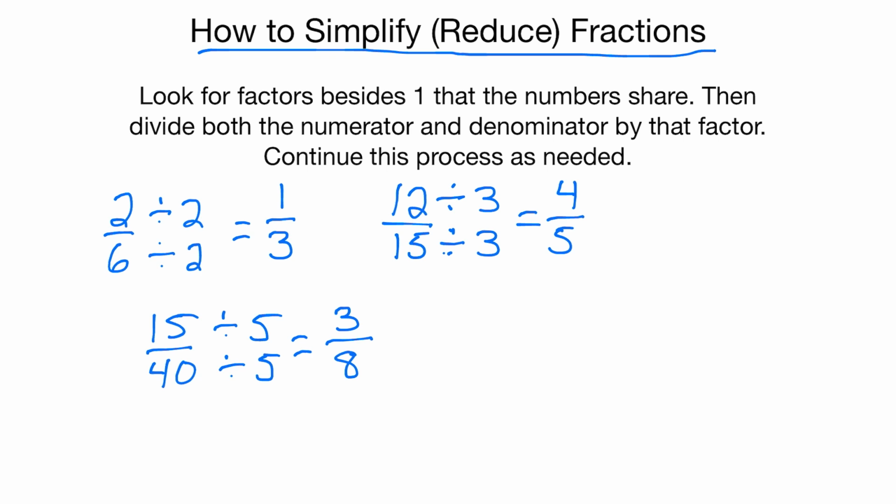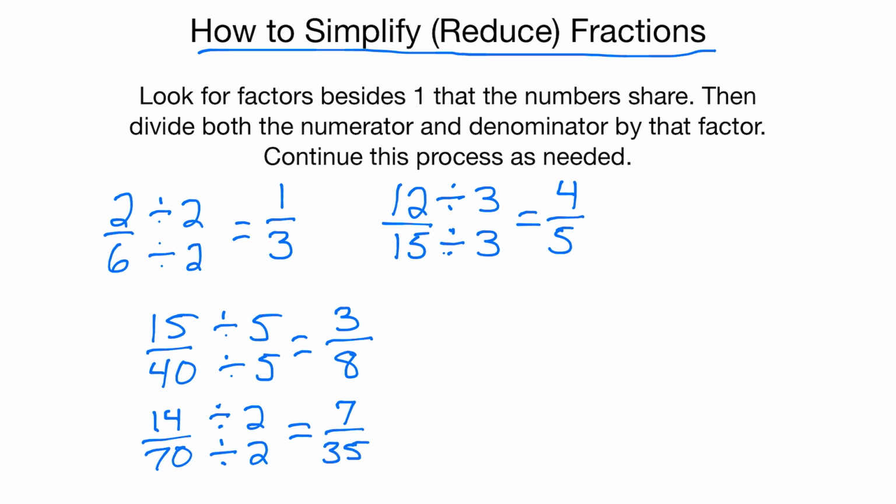One more example I'd like to look at is 14/70. Okay, 14 and 70 are even numbers, so we know we can divide both of them by 2. And divide by 2. So 14 divided by 2 is 7, and 70 divided by 2 is 35.